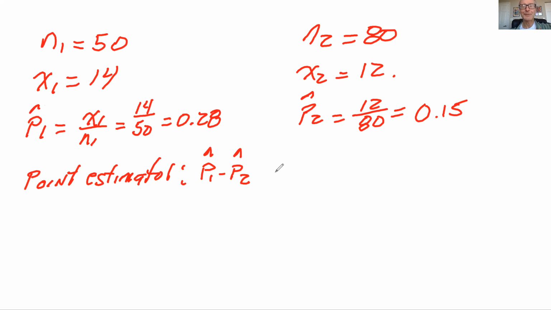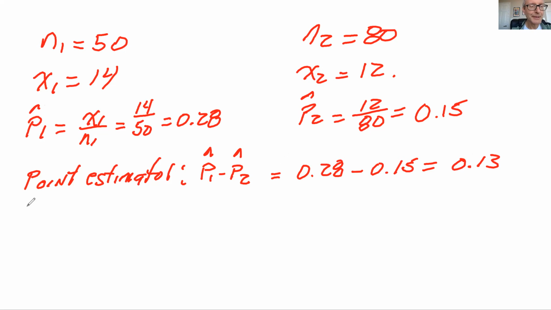And so when you do that calculation, that would be 0.28 minus 0.15. And so that would be 0.13. So that's 13% difference out of this sample. So it's significant, I'd say, with regard to that.